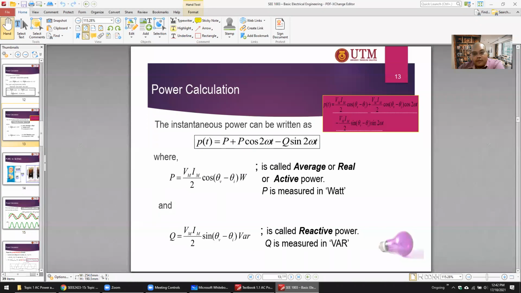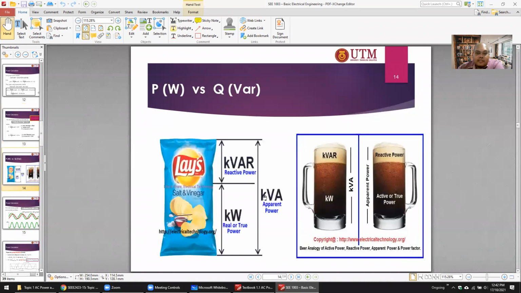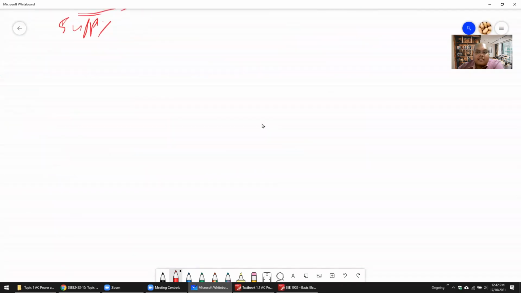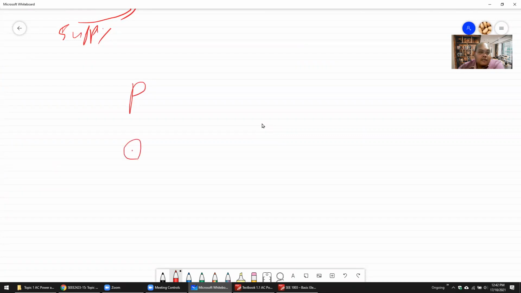In the notes here, this is the formula and the unit is VAR. Now this is the PQ relationship. What is the relationship between P and Q? Remember, P is real power and Q is reactive power.